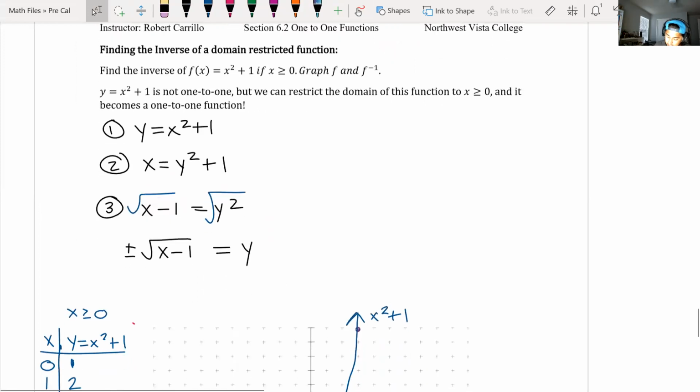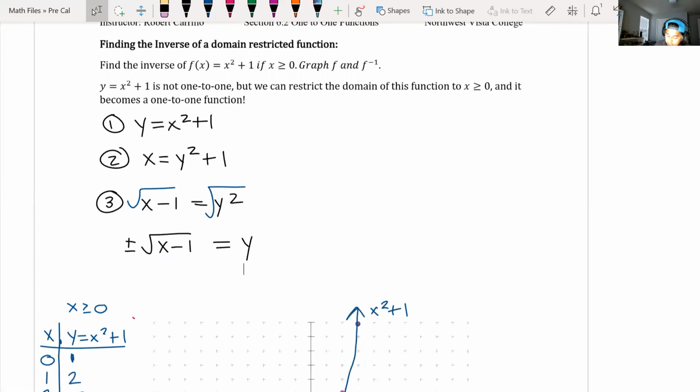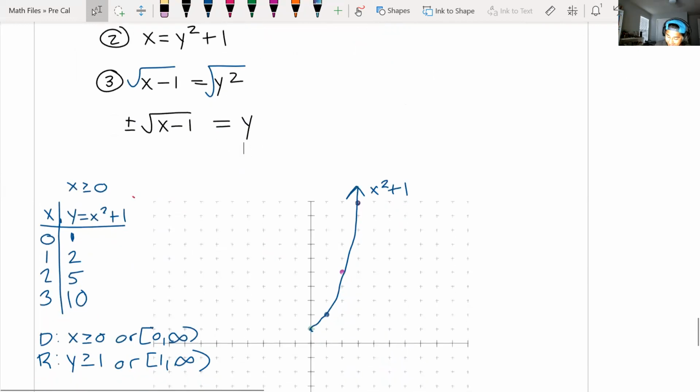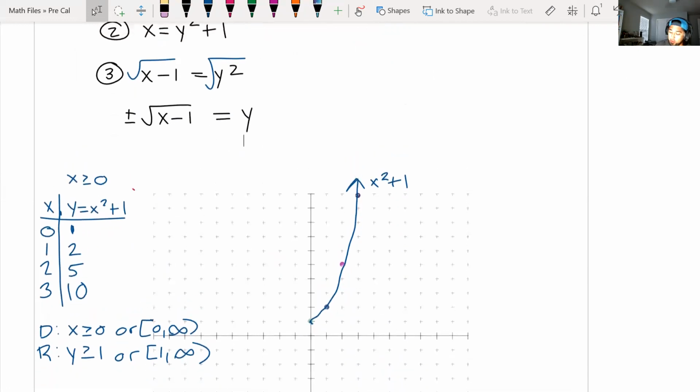The plus, right? Because the range would be positive. No, the domain would be y is greater than or equal to 0. No, wait. If you thought about it, you know you're going to swap these, so that means your domain is going to be anything greater than or equal to 1 once we swap them, which means if you're greater than 1, are you positive or negative?